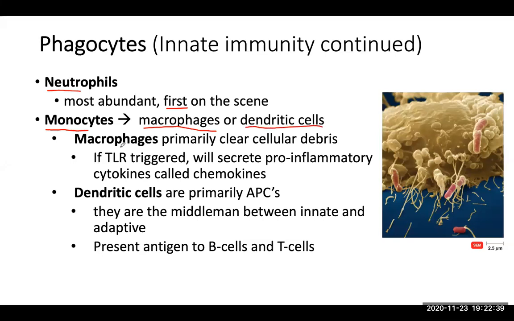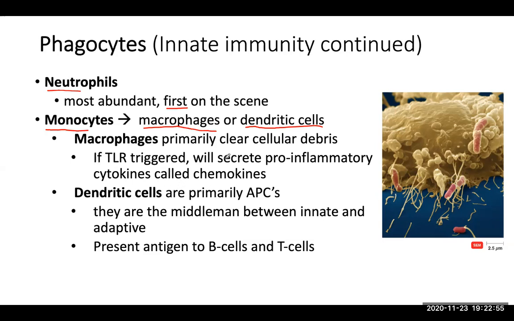Macrophages are like vacuum cleaners, right? They're going to clear up cellular debris. If there's a pathogen like here, it's going to phagocytize it, eat it up, destroy it, kill it, get rid of it.